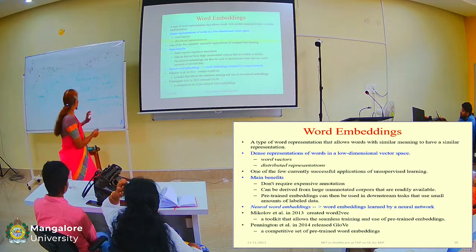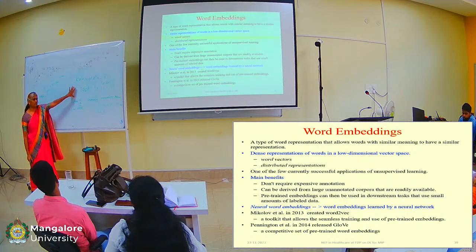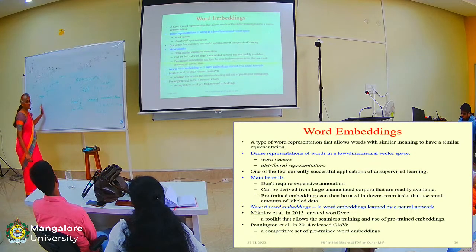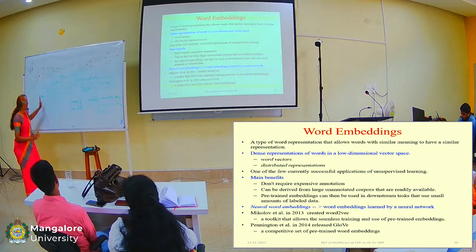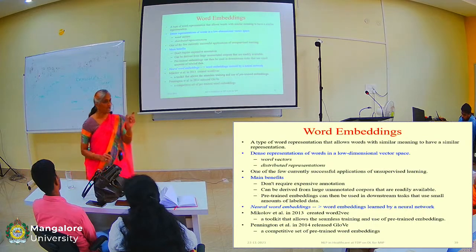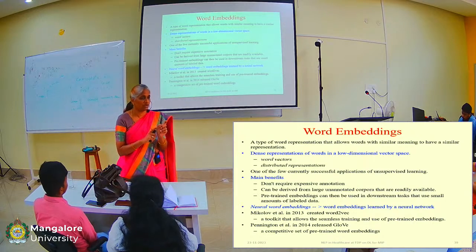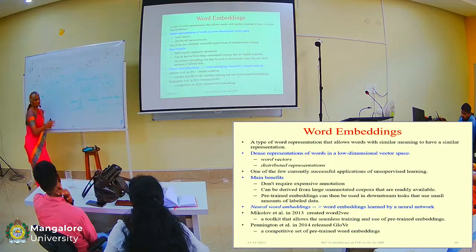What we have is like this. For apple, we have a 300 or 100 size vector. Bat, another vector. Exactly like a dictionary or a lookup table. Whenever you want a representation for apple, get this representation.